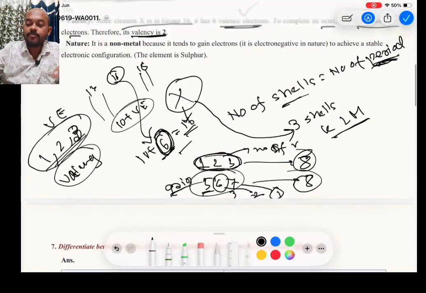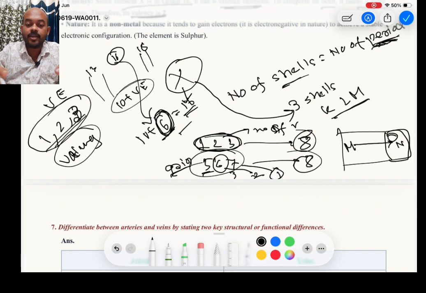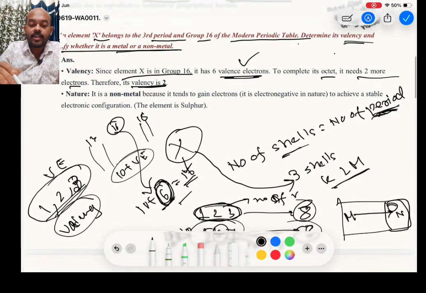That means the right side of the periodic table. I already told you this part was metal. As you proceed towards this side you will get non-metal. So definitely it is a non-metal because it tends to gain electrons. It is electronegative in nature to achieve a stable electronic configuration, and the element will be sulfur.